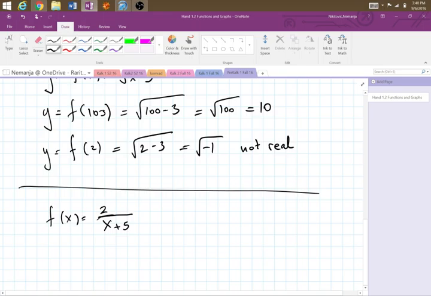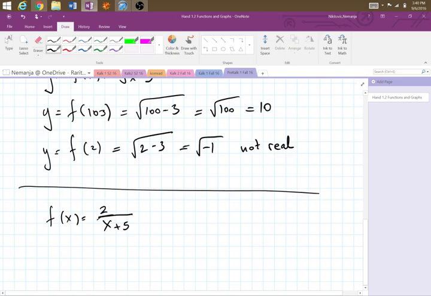Nice. See, gotta be careful. Awesome. So we can't divide by 0. Now I will explain why we can't divide by 0, which is one of the concepts that we have to understand. But because we cannot divide by 0, we cannot use negative 5 in this particular case.